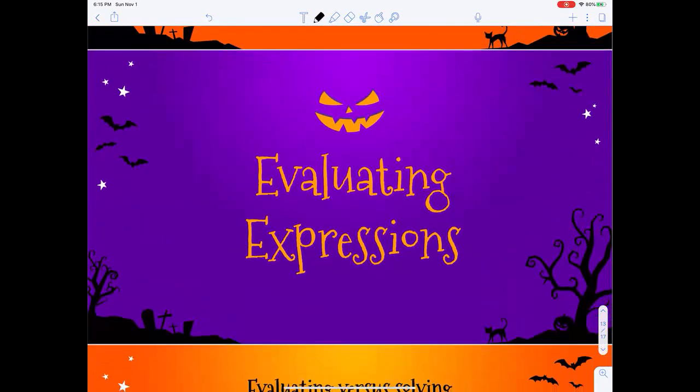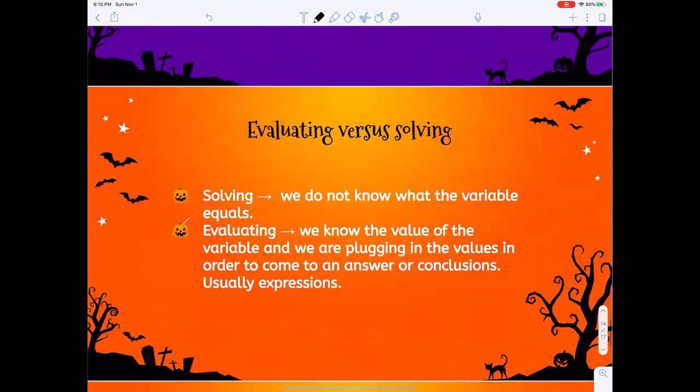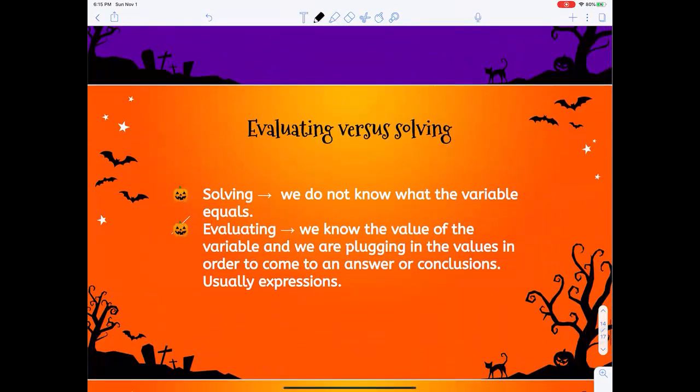All right. So when we're solving for x or solving for a variable, we do not know what the variable equals or what the variable's value is. When we are evaluating, we know the value of the variable, and we're plugging in that value to be able to draw conclusions. Usually this comes in the form of expressions.